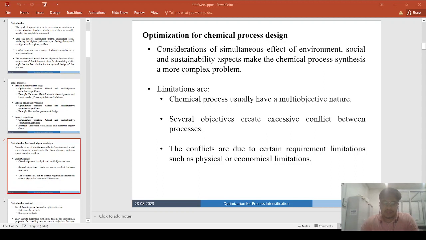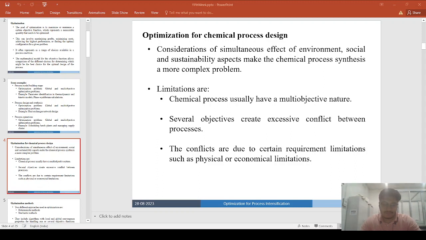So nowadays the design of the chemical process must consider different objectives simultaneously. In today's era of high performance computing, HPC, you should not be limited to considering only a single objective function. Your chemical process design must also treat the optimization problem as a multi-objective optimization problem.